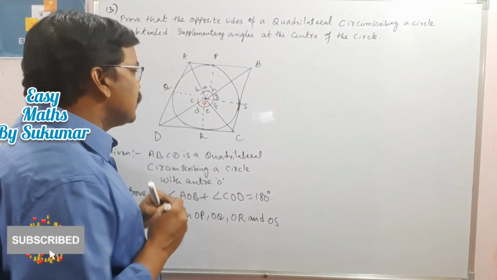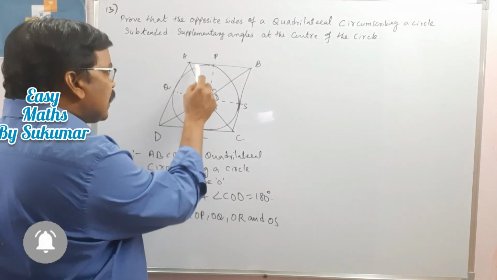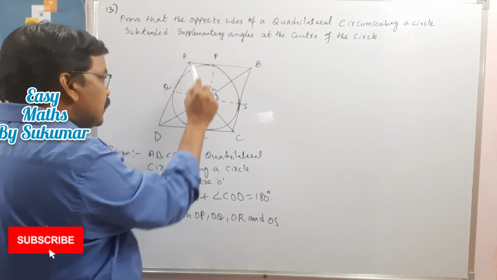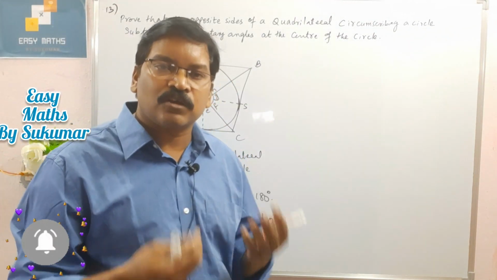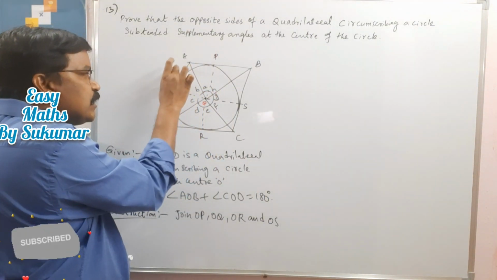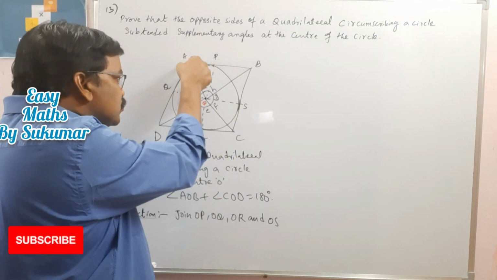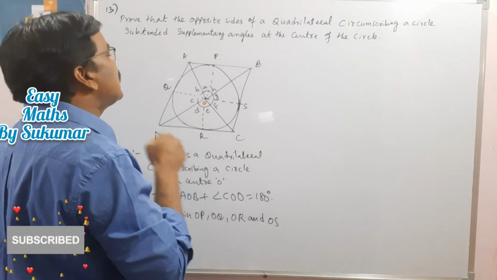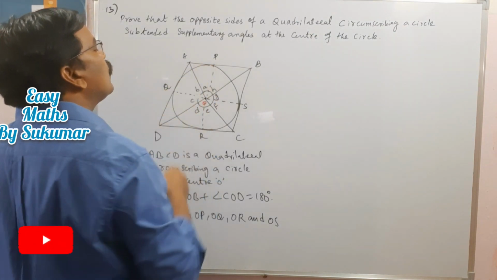Okay, my dear students, please look here. We already proved that triangle AOP and triangle AOQ are congruent to each other. How are they congruent? This AP and AQ are the tangents drawn from the external point of a circle. They are equal. And this AO is the common side. And this angle is equal to 90 degrees.